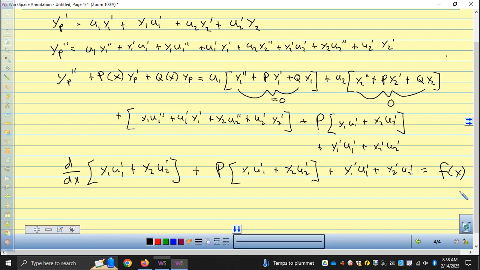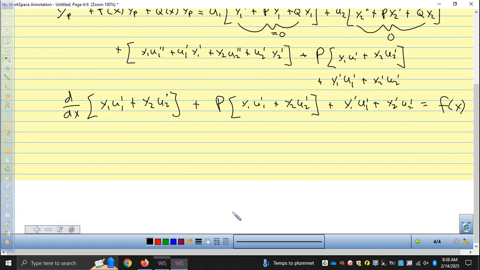So we have two unknowns that we're solving for, u1 and u2. So it makes sense that we are going to need a system of equations. We're going to need two equations to solve for those. So based on that, we're going to make further requirements on u1 and u2.